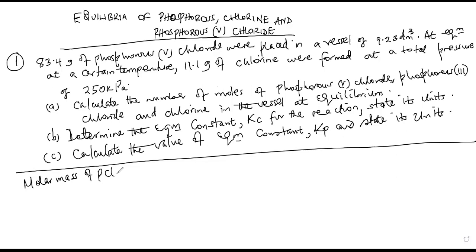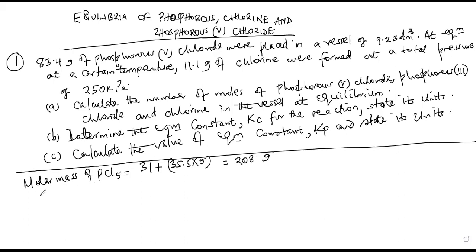of phosphorus 5 chloride. Phosphorus weighs 31 plus chlorine 35.5 times 5. The whole of this will give you 208. That is the molar mass.